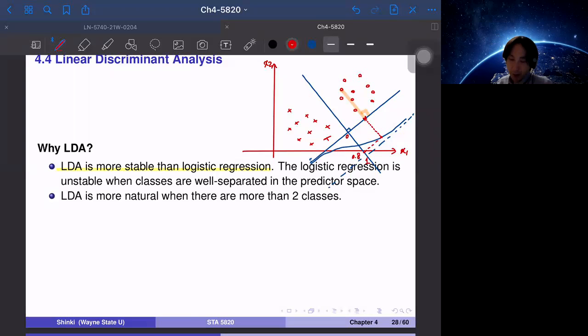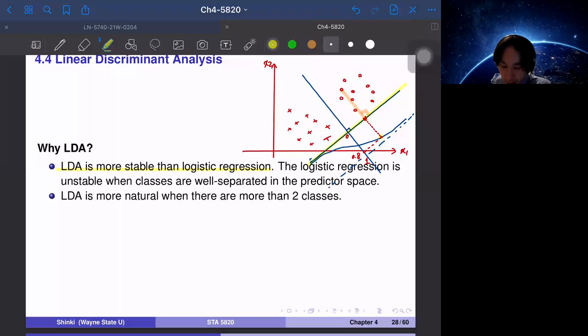So logistic regression determines some line, and we think about the score of each observation on this line. Then depending on the score, we calculate the probability. So that is logistic regression.